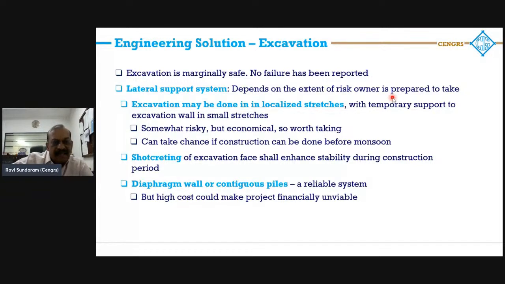We suggested that excavation may be done in localized stretches with temporary support to the excavation in small stretches. Somewhat risky but economical, so worth taking. Particularly if you can do the construction before monsoon, it will work. Another option was shotcreting the face of the excavation to stabilize. Of course, a diaphragm wall is a very reliable system, but very high cost.